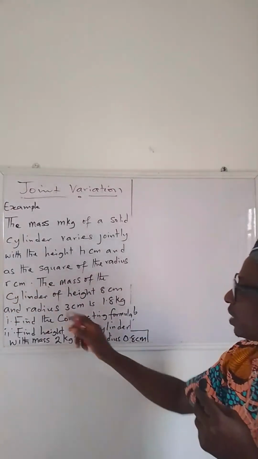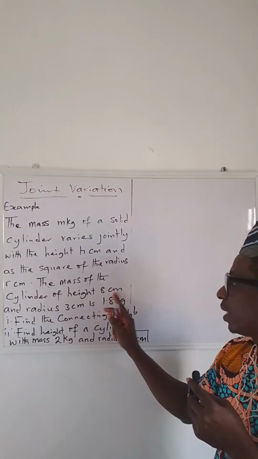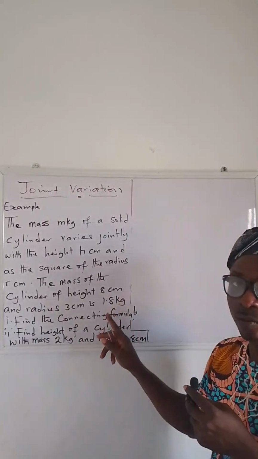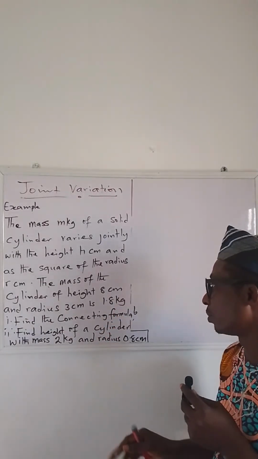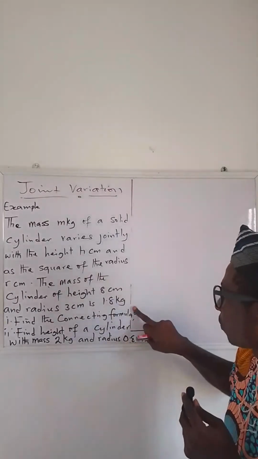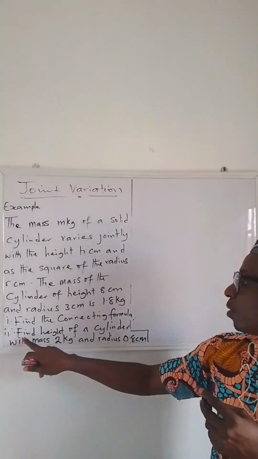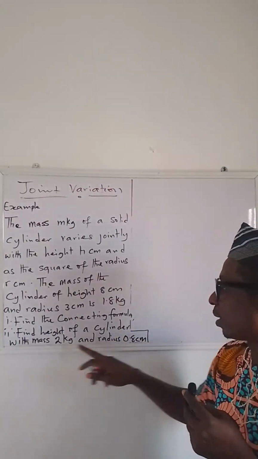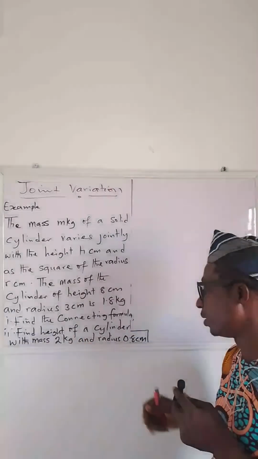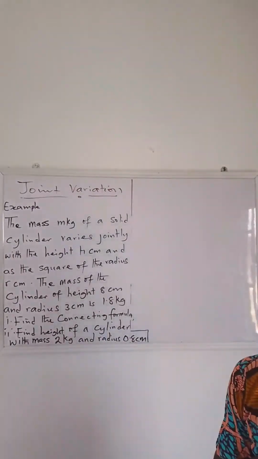Now the mass of the cylinder of height 8 centimeter and radius 3 centimeter is 1.8 kilogram. One, find the connecting formula. And two, find the height of a cylinder with mass 2 kg and radius 0.8 centimeter.